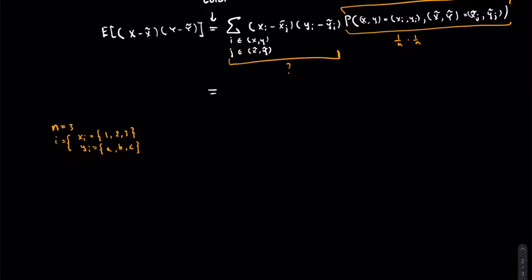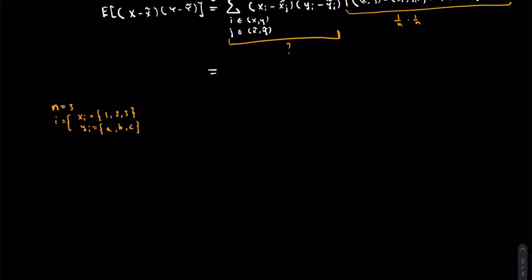And now let's imagine what j means. What does j mean? Well, we're selecting from the same unit. So x tilde_j has to be some random draw of the original 1, 2, or 3. The same with y tilde_j.